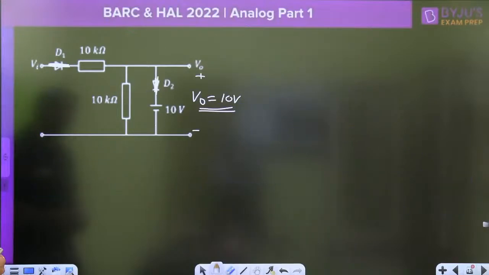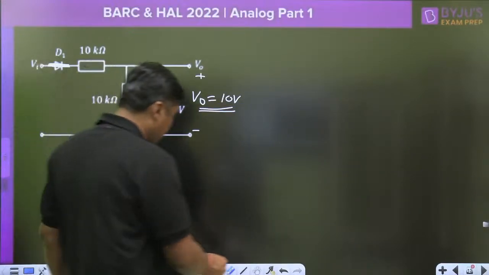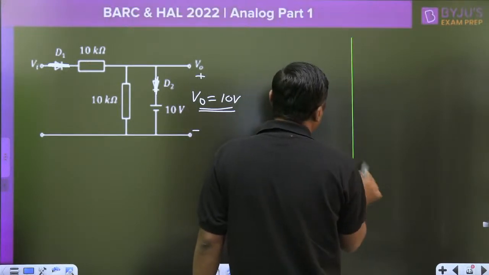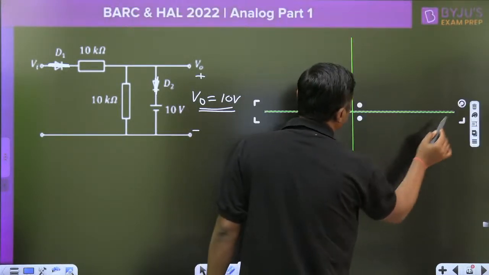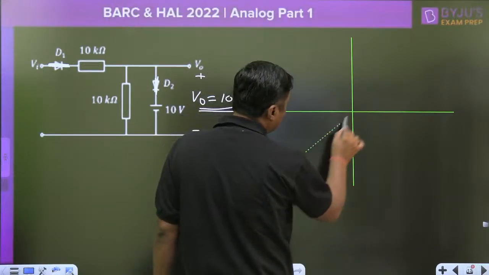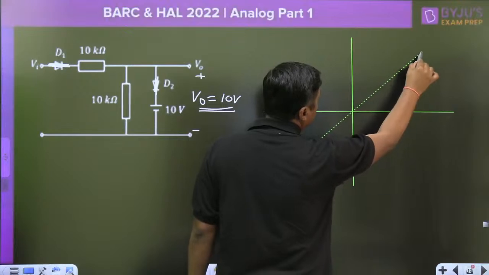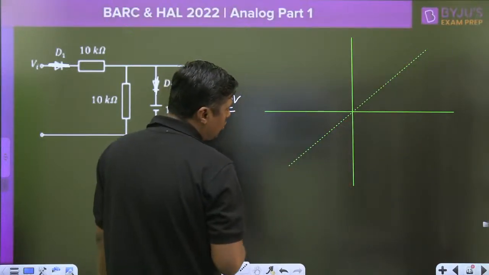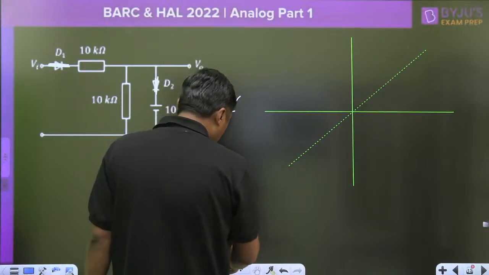So that is the question on clipper. Now they may ask for the transfer curve. If they ask for the transfer curve, write down the line. Always write a dash line. Watch the diagram in the objective, because it is an MCQ. The slope of this line is 1. Always remember the slope of this line is 1.